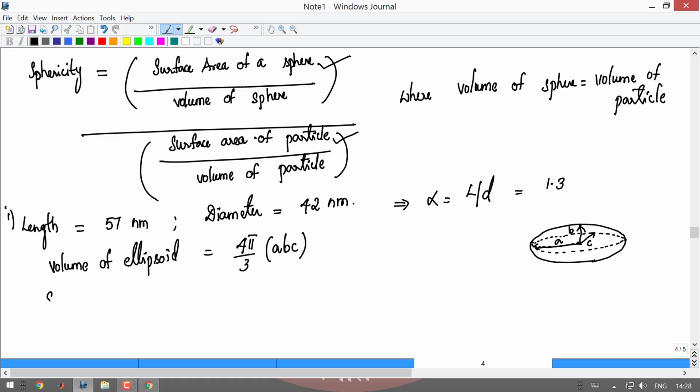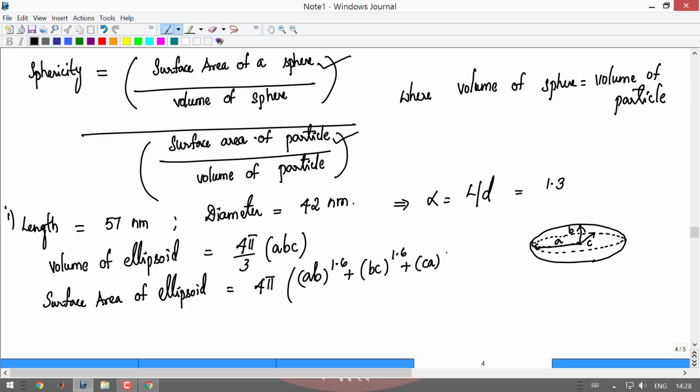Similarly, surface area of ellipsoid equals 4 pi times (AB to the power of 1.6 plus BC to the power of 1.6 plus CA to the power of 1.6, divided by 3) whole to the power of 1 divided by 1.6.